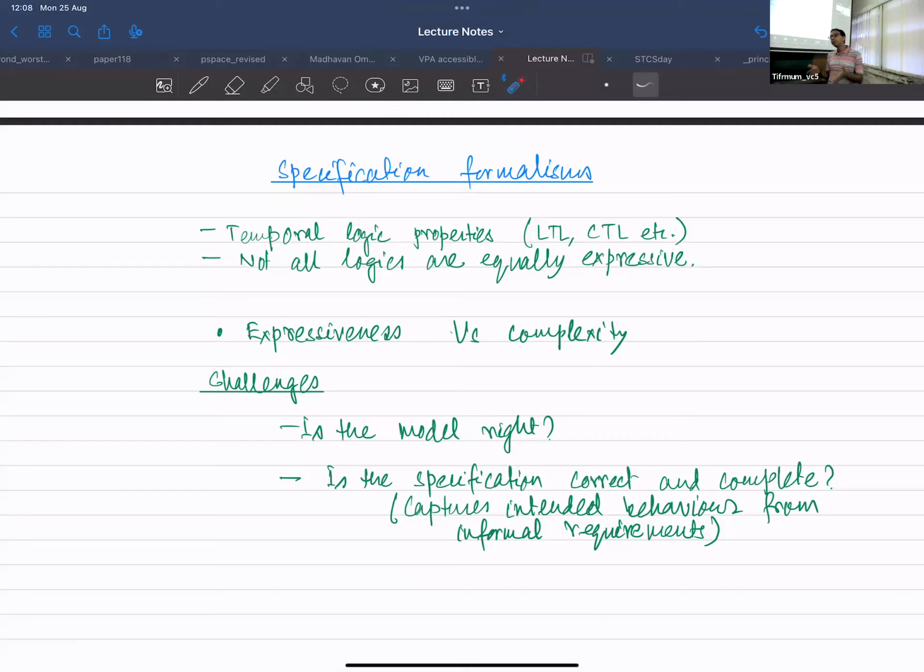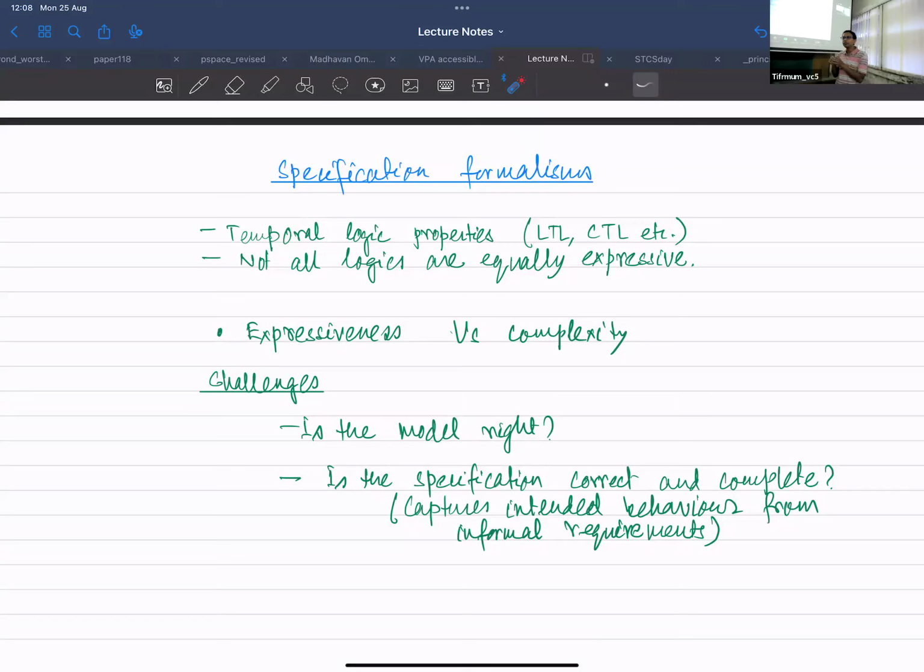But it should also not be very complex, in the sense that if it expresses too many things, then algorithmically, to check whether the system satisfies that specification, the complexity may be too high, right? Or it may even become undecidable. We don't want that.